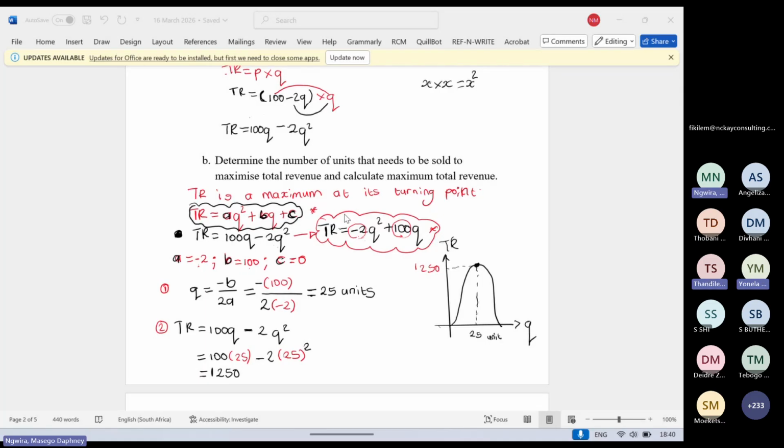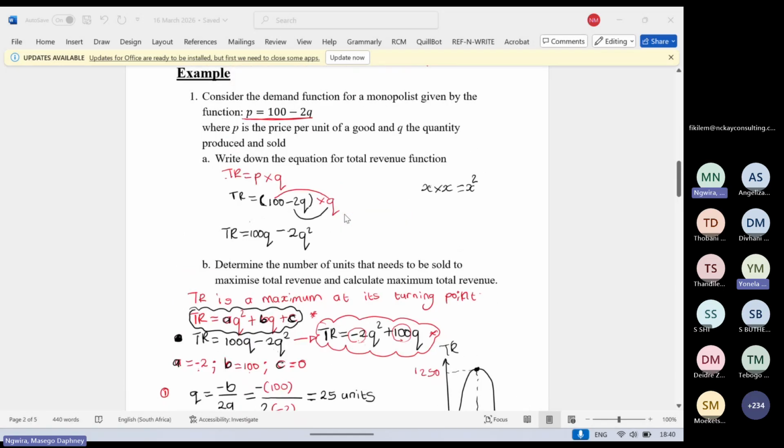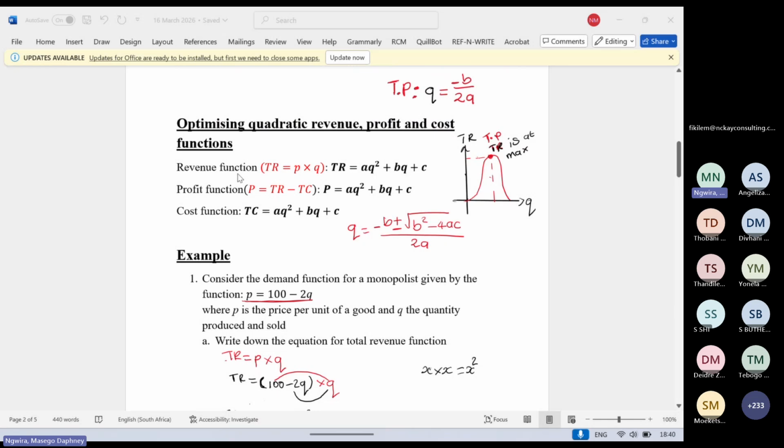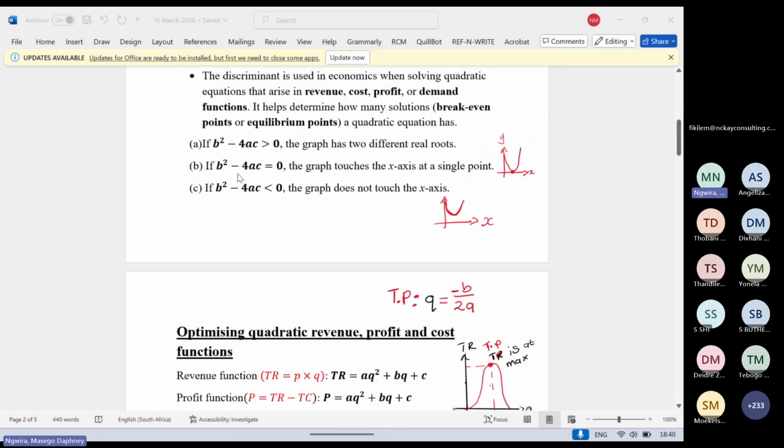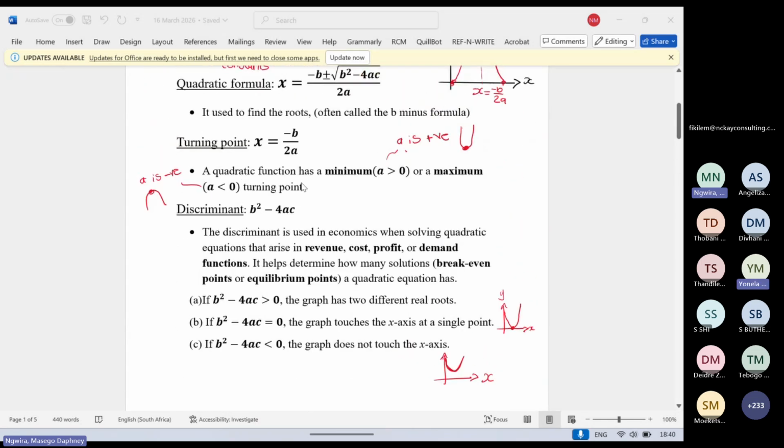Yes, you will see it, using the same formula. Remember the notes here. I said that a quadratic function has a minimum if a is greater than 0, and a maximum if a is less than 0. A greater than 0 means the value of a is positive, and a less than 0 means the value of a is negative.